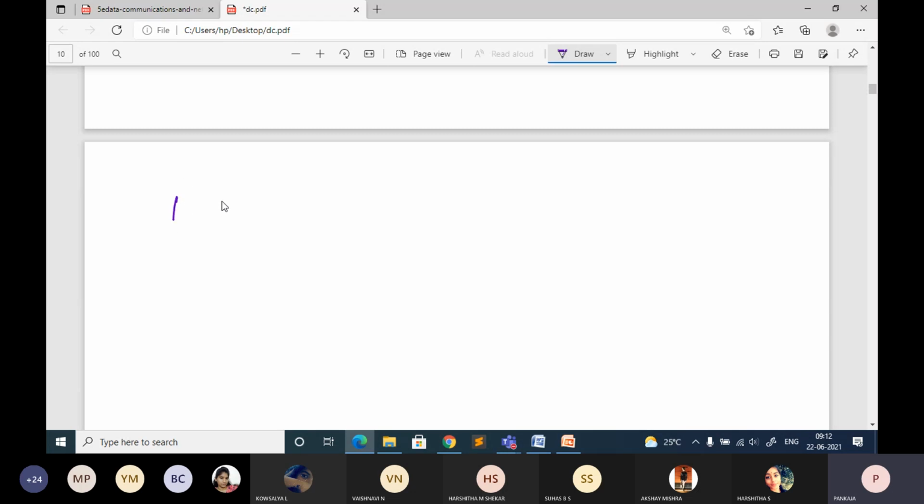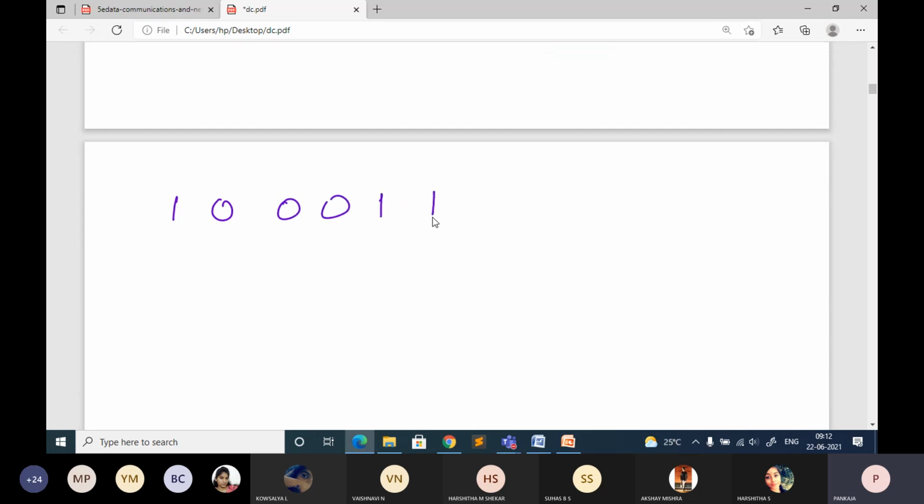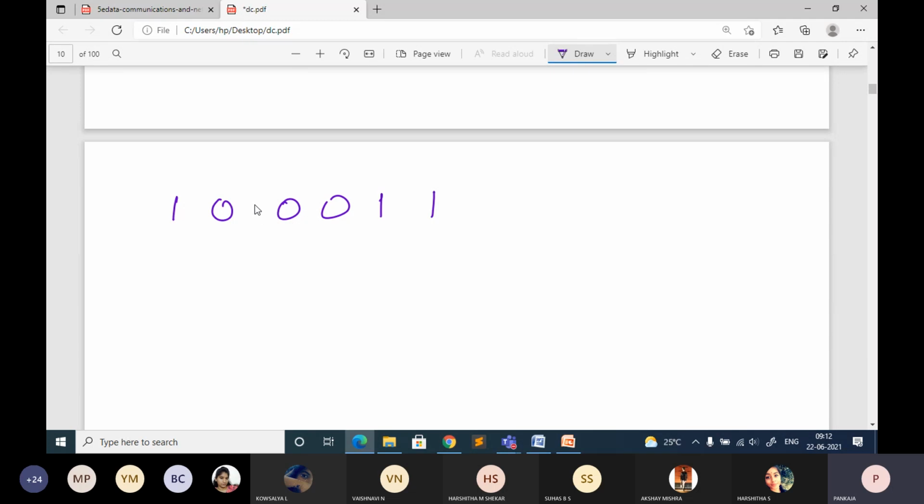If I have the value 1 0 0, and 1 1, and consider one more 0 here, this is my binary number. How are you going to represent this as a polynomial? It starts with x power 0.